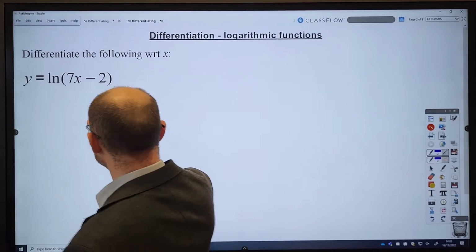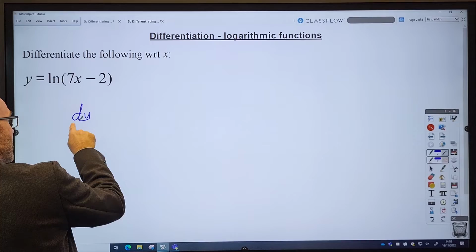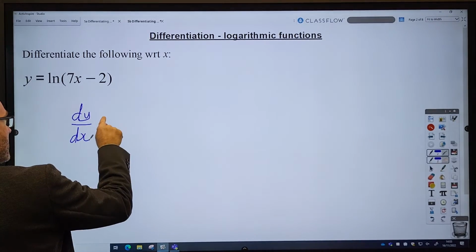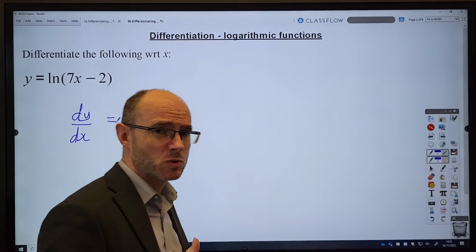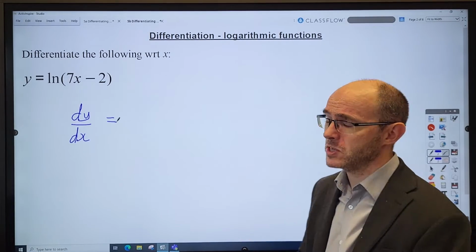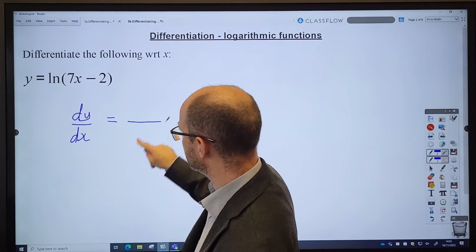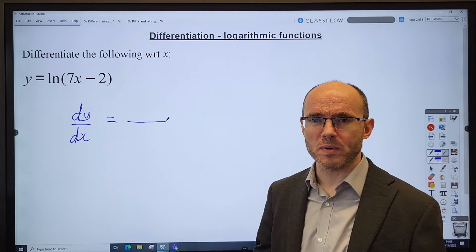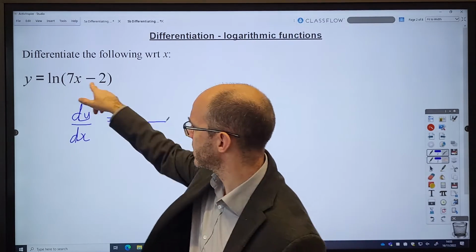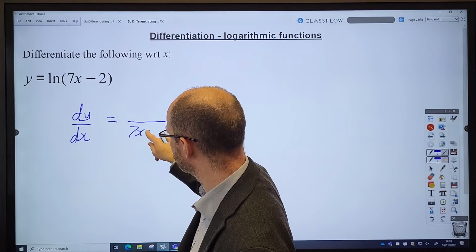Use the chain rule again for that. So dy/dx is equal to, now the way the chain rule works with this is that when you differentiate a natural logarithm, the answer is going to be a fraction, and it will be 1 over the brackets 7x minus 2.